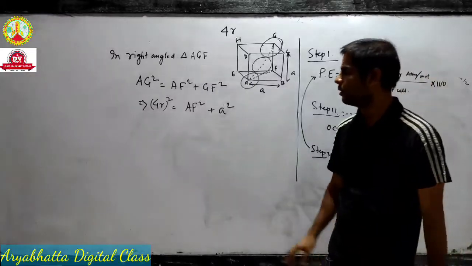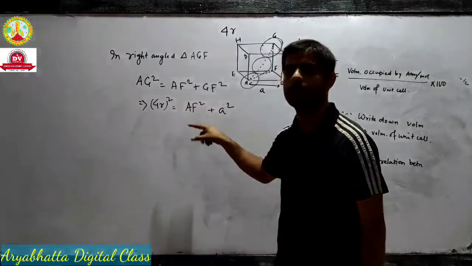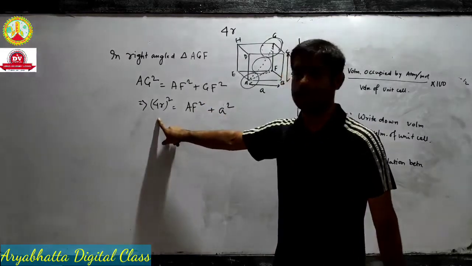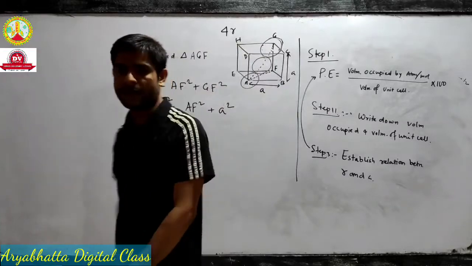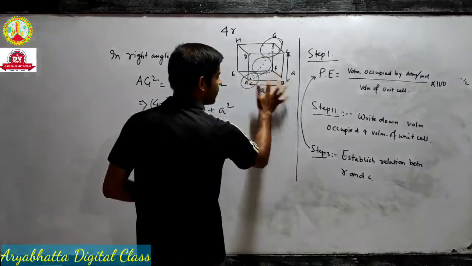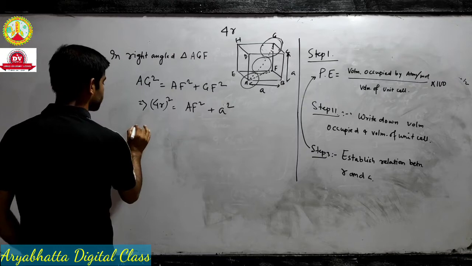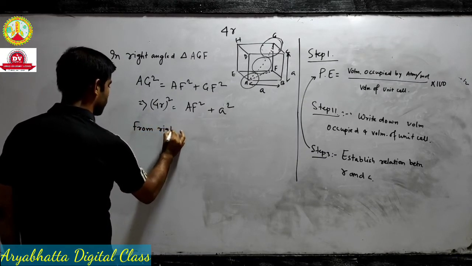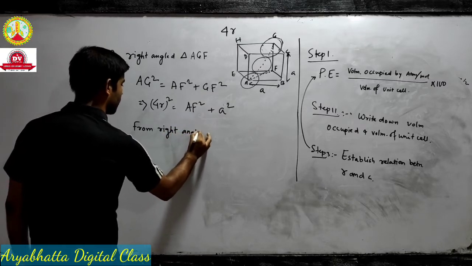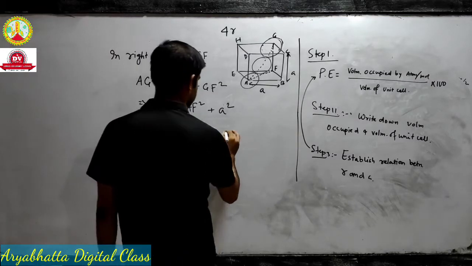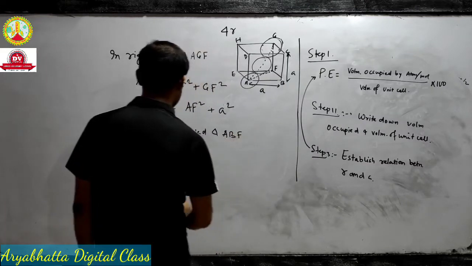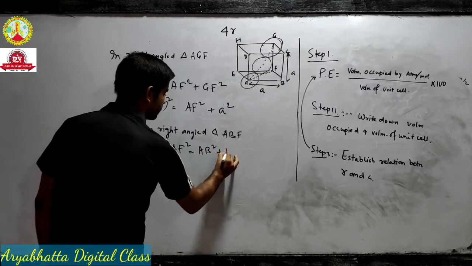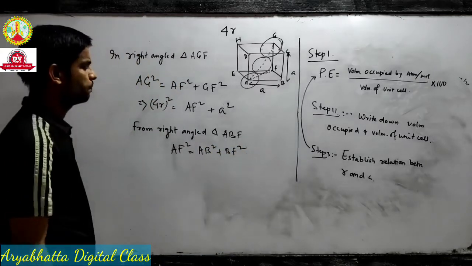So we have to calculate AF in terms of either A or R. Now if I take the right-angled triangle ABF, we see that AF square equals AB square plus BF square.